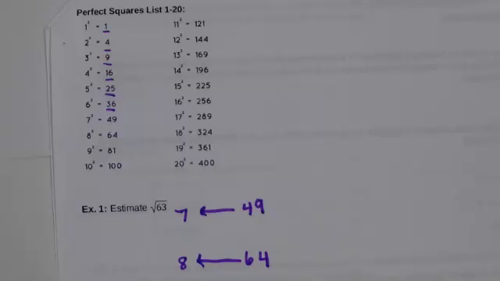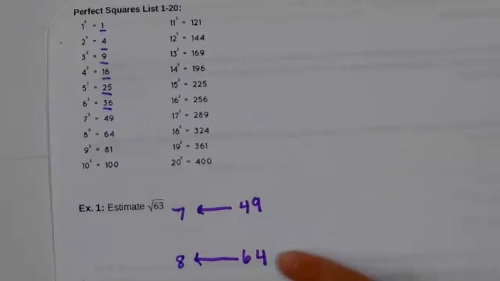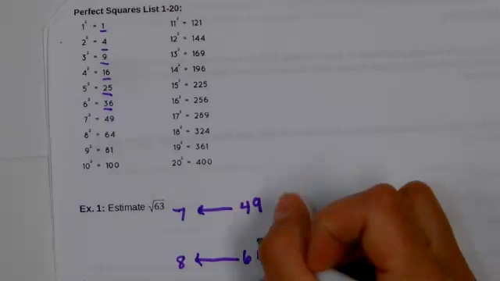I can use that information now to estimate to a decimal number where the square root of 63 is going to be. Okay, so 63, is that closer to 49 or 64? Well, it's much closer to 64. So I'm going to put my 63 really close to 64 here.